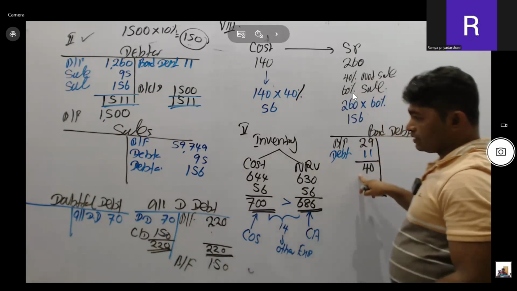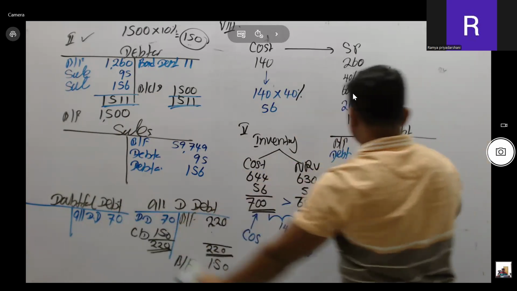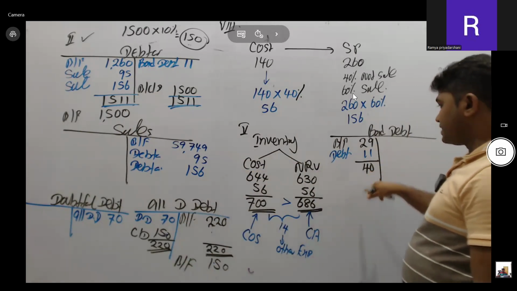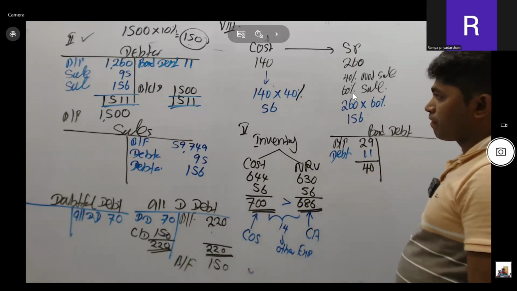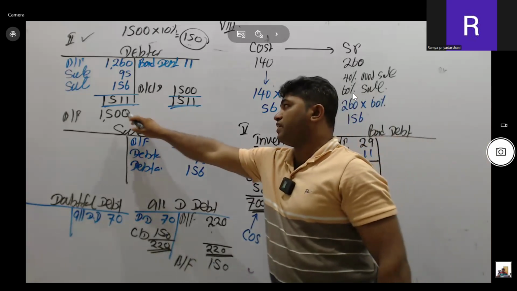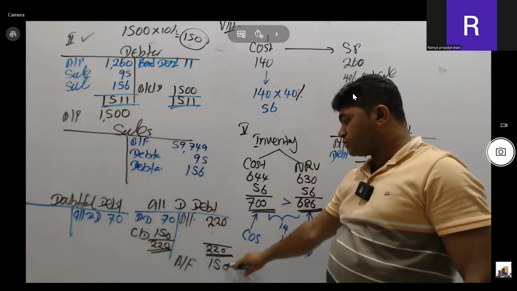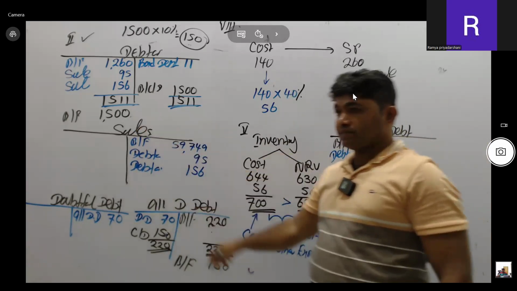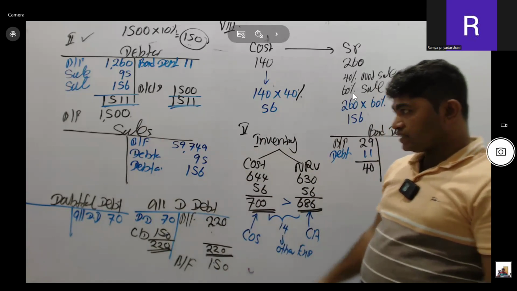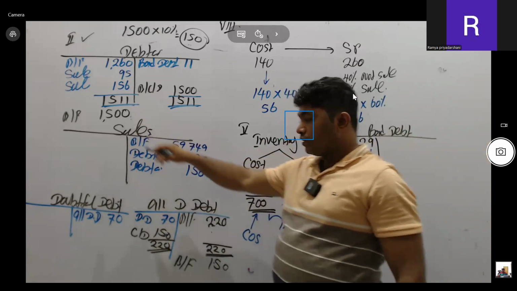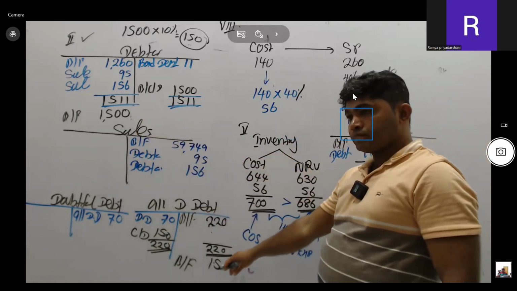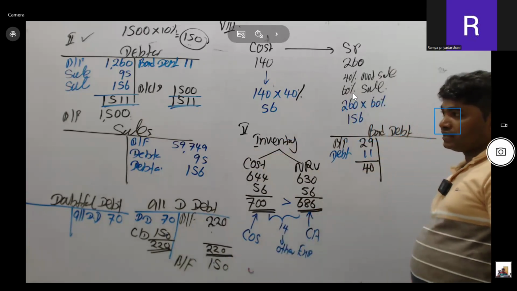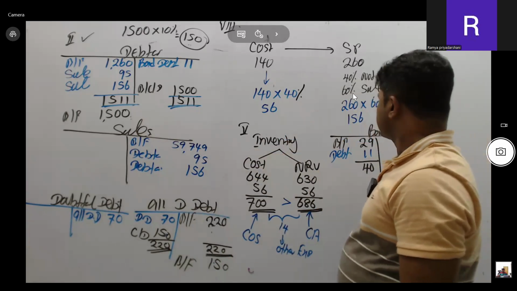Bad debts and doubtful debts, 70 as well as 40, should be recorded under sales and distribution expense. And debtor closing balance 1,500 minus allowances for doubtful debts 150 should be recorded under current assets.